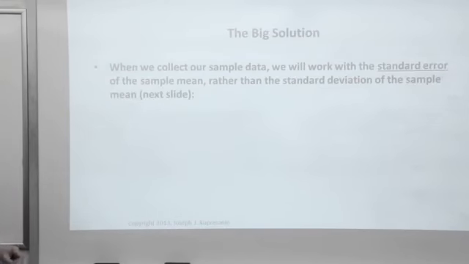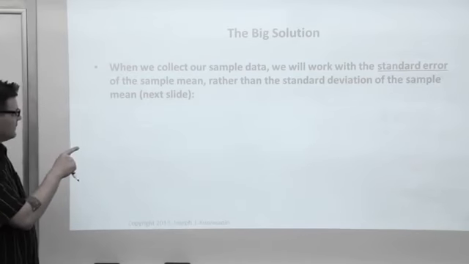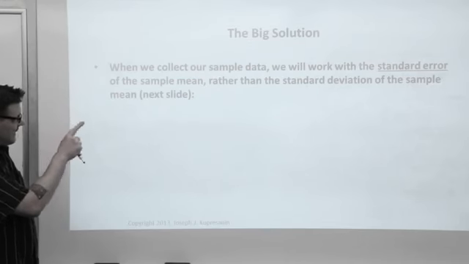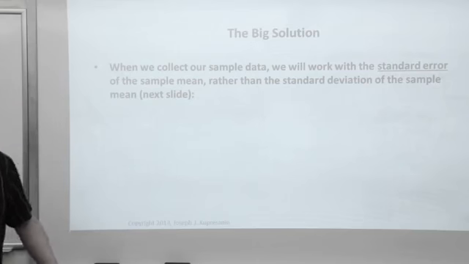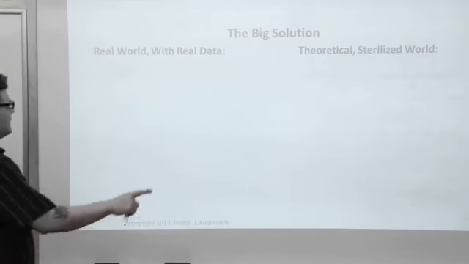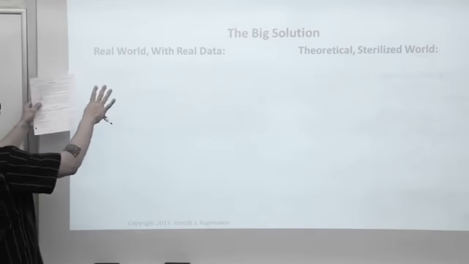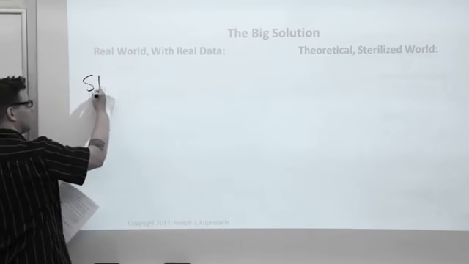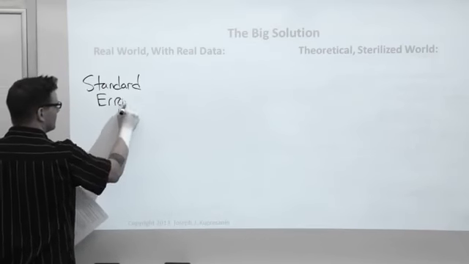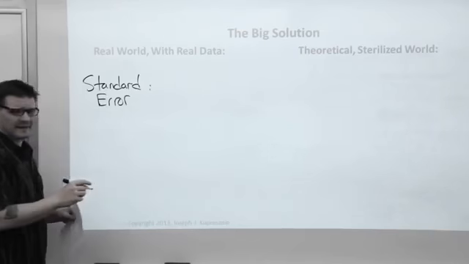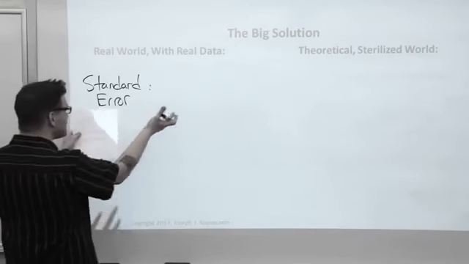So, the big solution. When we collect our sample data, we're going to work with the standard error of the sample mean rather than the standard deviation of the sample mean. And so we can lay this out at the bottom of that page. Mine's side by side. Looks like yours is up and down. But in the real world, with real data, we have to use the standard error. We did this for proportions, by the way, with all that p hat stuff instead of p. Here's for the mean.